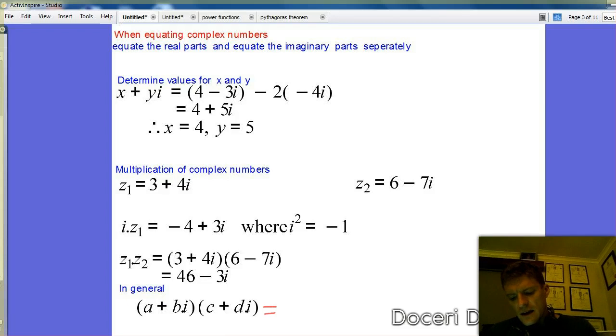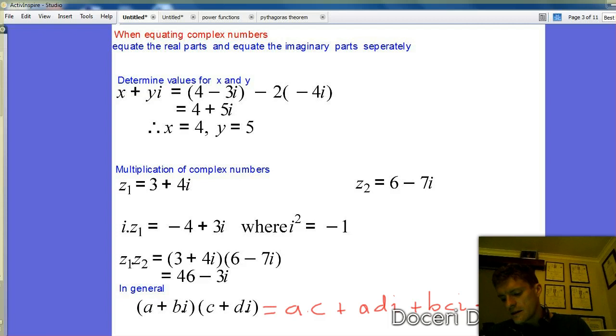So in this situation, we'll have an a multiplied by c, plus an adi, plus a bci, and then finally with the last two, the bi multiplied by di, that i squared will give you a -1 with the bd multiplying.